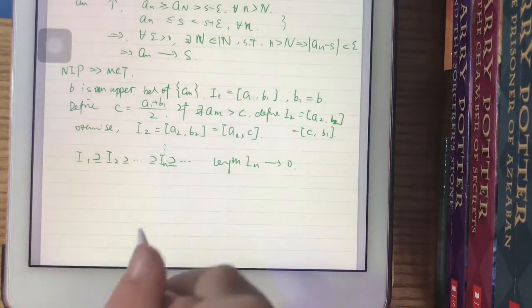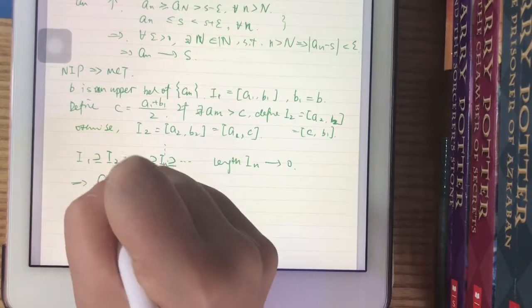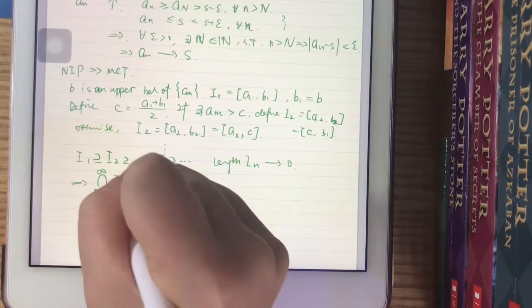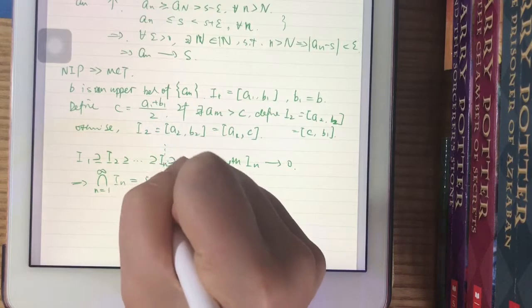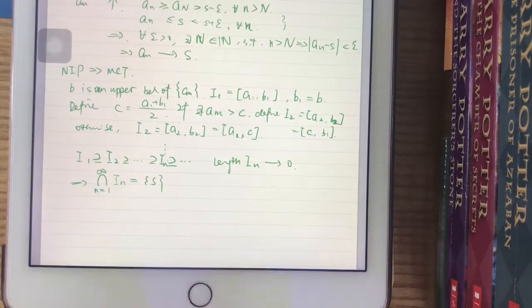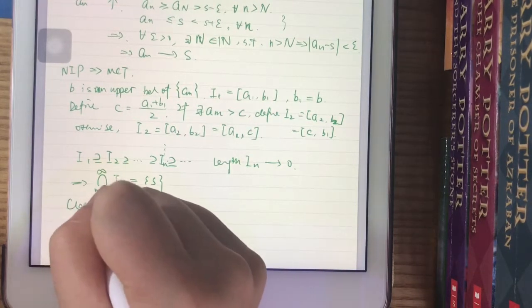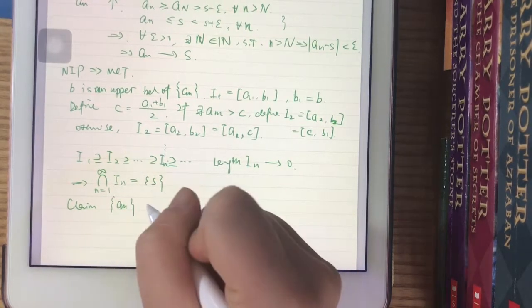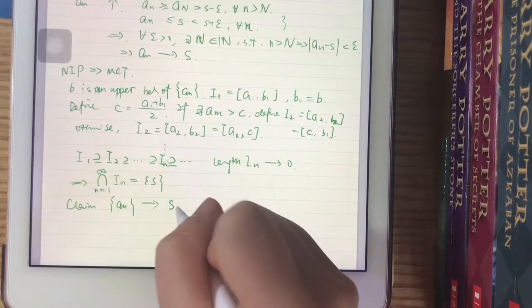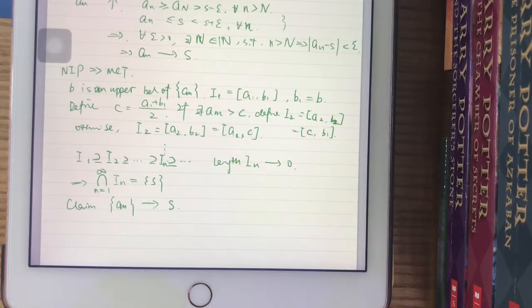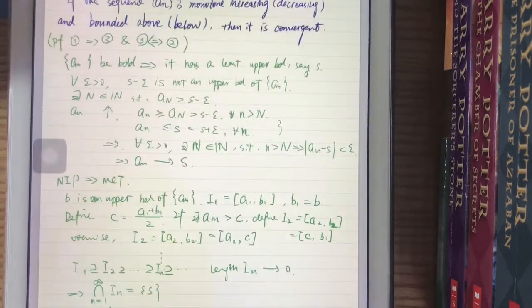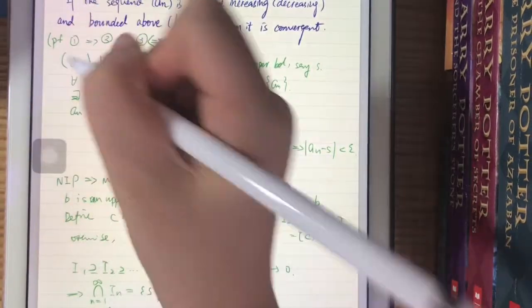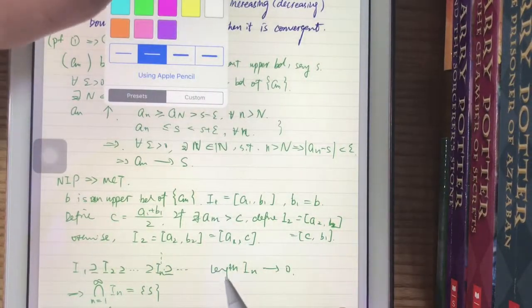So as we previously said, we know that the intersection of I_n will be the single element S. And so the next part is to claim that a_n is approaching S. And this is quite easy, so I'll leave it to you to prove that. I'm sorry, I think the symbol should be written in this way.